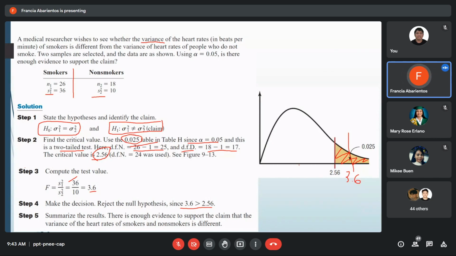Reject the null hypothesis. So, there is enough evidence to support the claim that the variances of the heart rates of smokers and non-smokers are different. We reject the null hypothesis that there is no significant difference. So, our claim is correct. So, there is a difference.